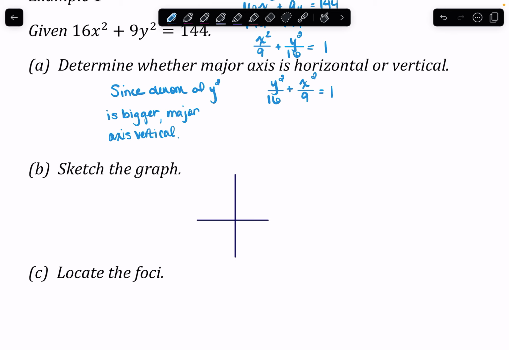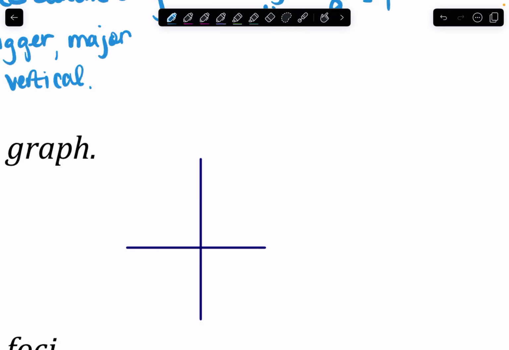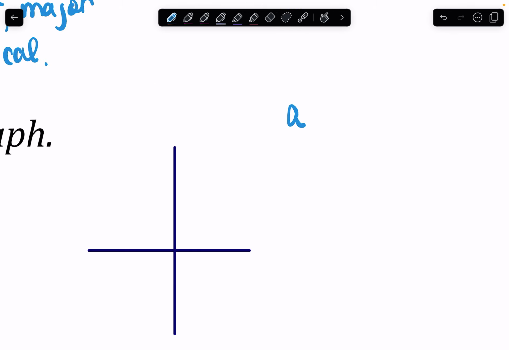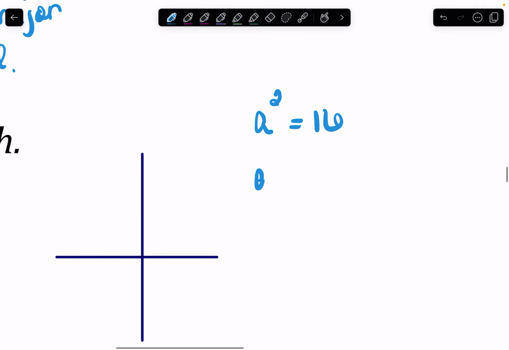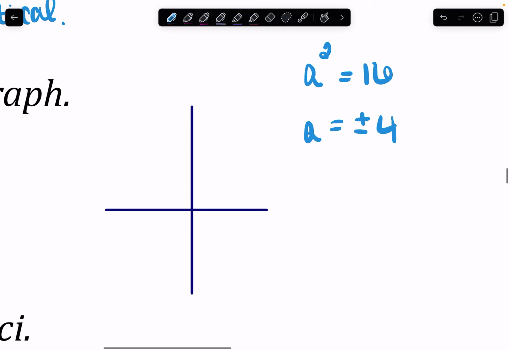So A corresponds with Y because it is the major axis. So if we look at our standard form, we know the denominator of Y is equal to A squared. So we know A squared is 16. So that means our A value is going to be positive or negative 4. So that means we're going to go up 4 units and down 4 units from our center 0, 0.